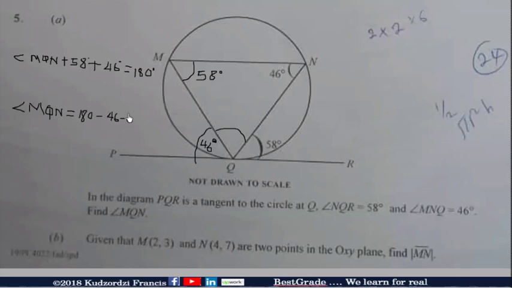Now, when we simplify this, we get angle MQN to be equal to 76 degrees.